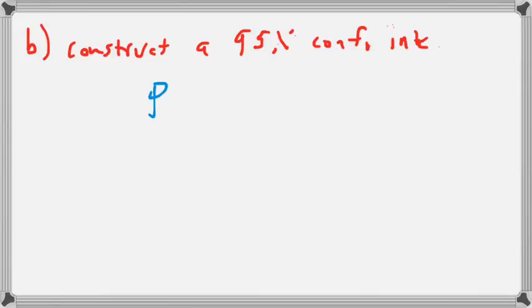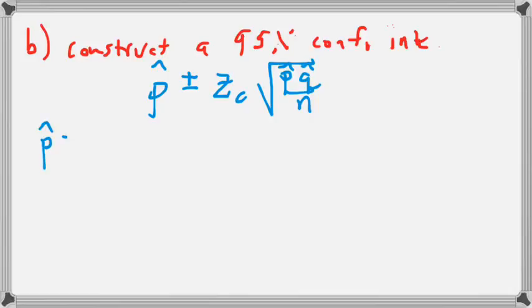To remind you guys, the formula for proportion is p-hat plus or minus the critical value of z times the square root of p-hat q-hat over n. And at this point, it is kind of nicer, maybe on the side, to get some decimals for each number. So p-hat was our 22 over 92 students who had a cat. To me, that's not enough.